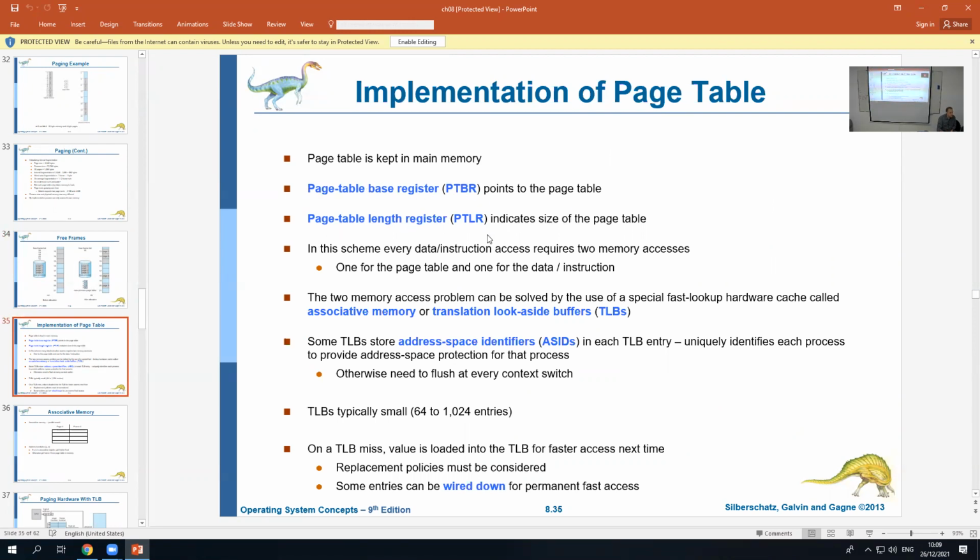The page table length register indicates how long the page table is for that process. In this scheme, every data or instruction access requires two memory accesses: one for the page table and one for the data or instruction. We're already seeing that we're getting a problem here.